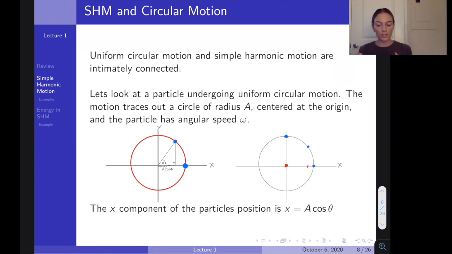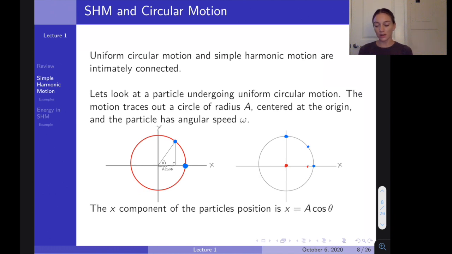Simple harmonic motion is a 1D projection of circular motion because we take a 2D motion here, right? It's in the x and the y direction, and we can project it down onto one dimension. So that's why they have the same equation for their position in that case. So you can kind of think of simple harmonic motion as the 1D version of circular motion.